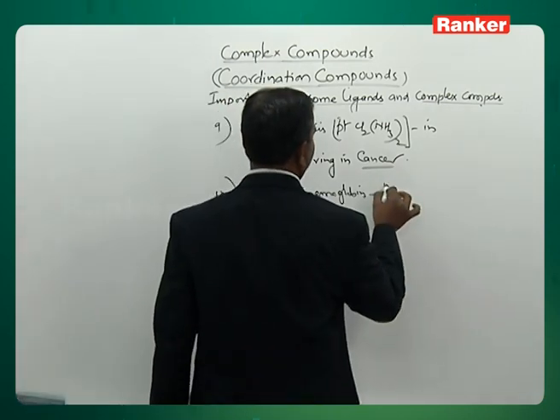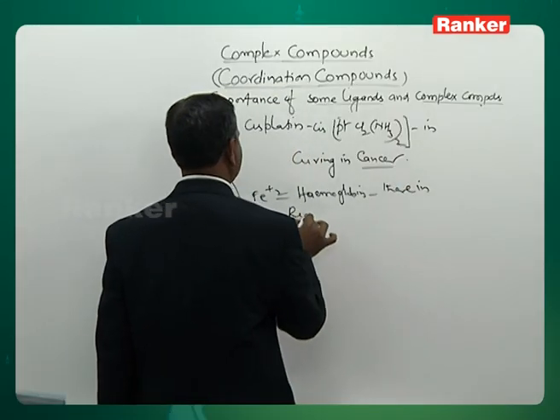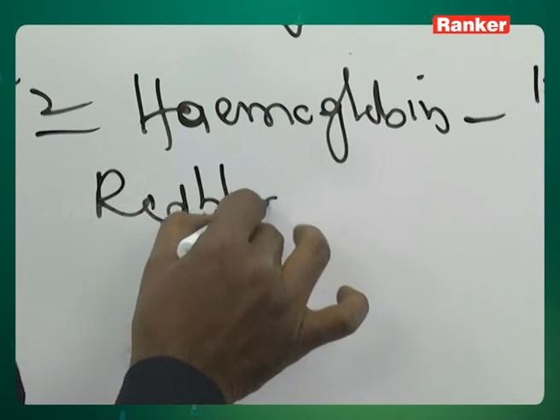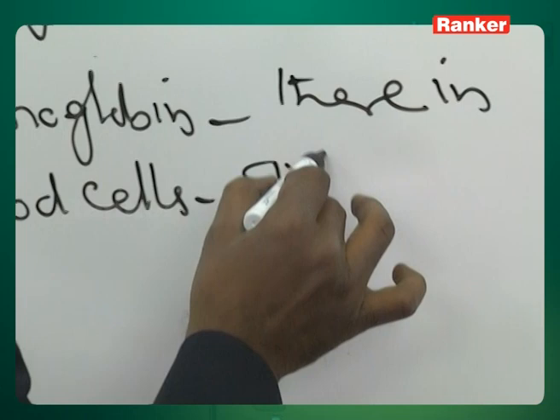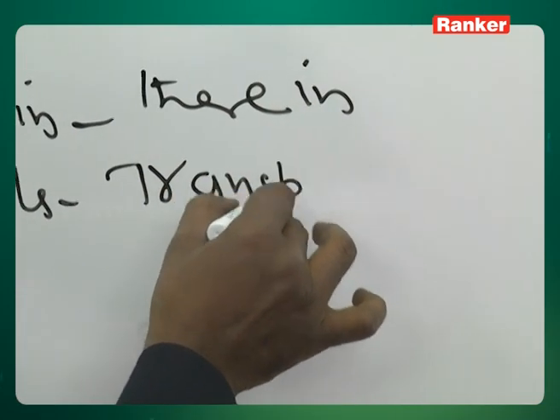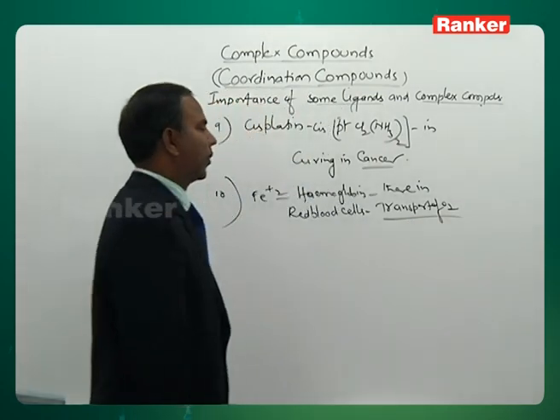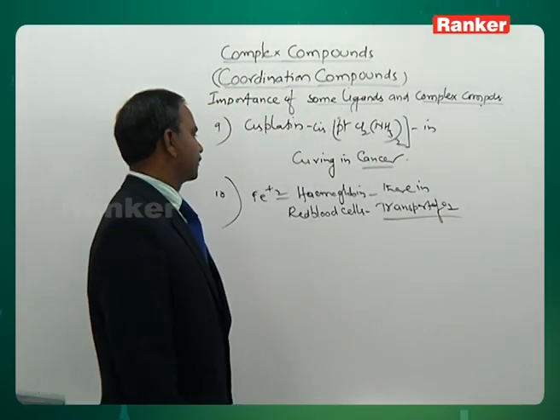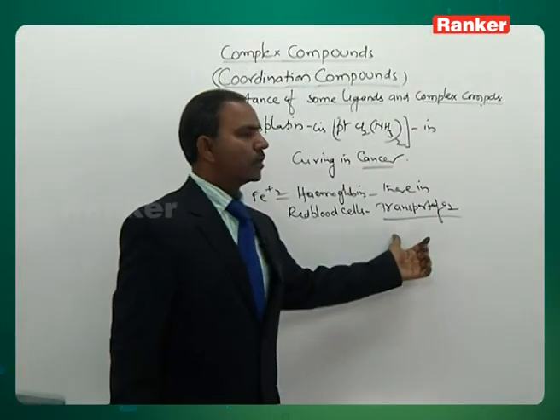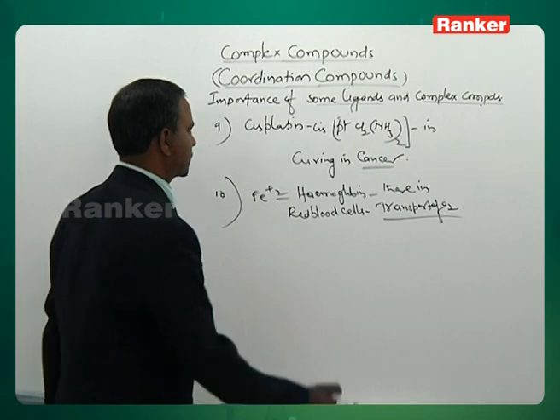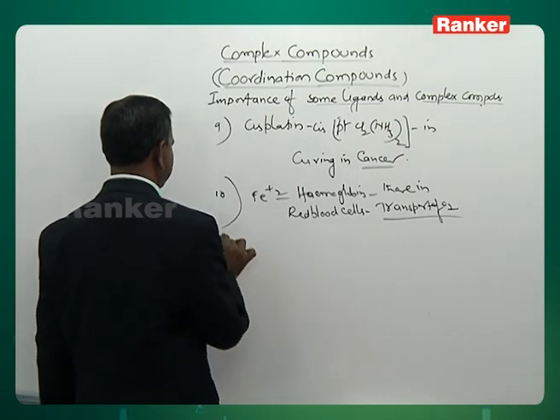Hemoglobin is there in red blood cells and is involved in the transport of O2. The Fe 2+ complex, hemoglobin, there in red blood cells, is involved in the transport of oxygen.